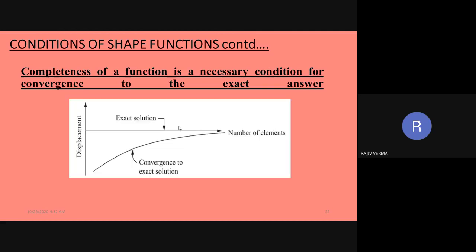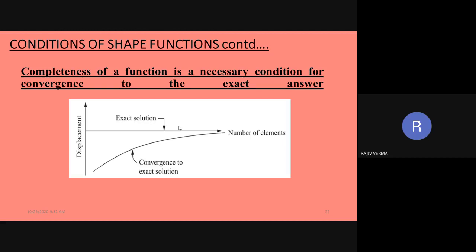Now, this is depicted with the help of a graph. If you choose elements which have the appropriate displacement function, now as the number of elements increases, your FEM is going to give you a solution which is converging to the exact solution.